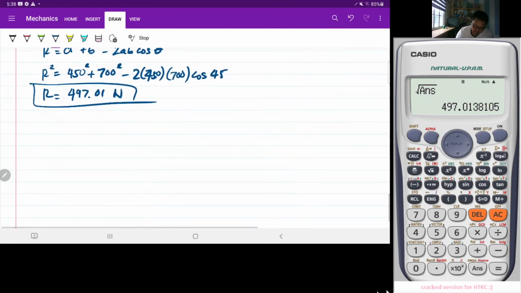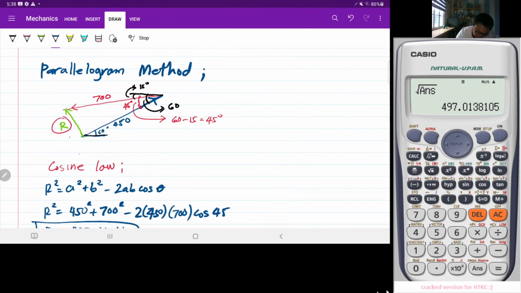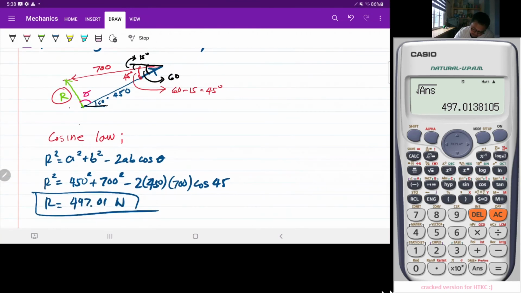Okay, so how to solve for this angle? So for this angle, this one, okay. So we will solve this. Let's call this gamma. Let's say gamma. Okay, by using also cosine law, but you can also use sine law, no? So I am more comfortable with cosine law, so I can still solve this.